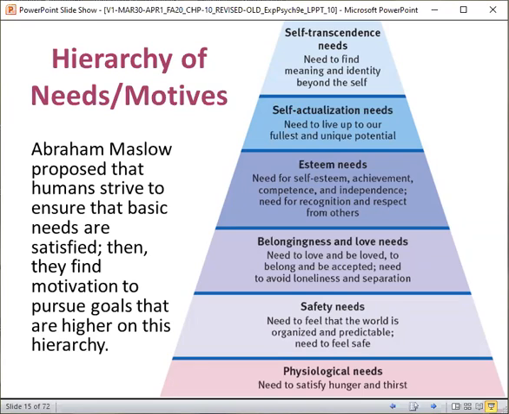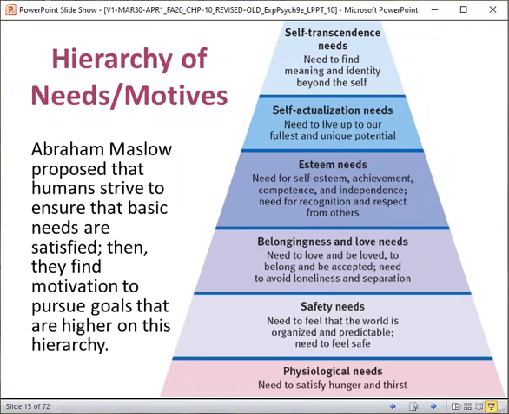So a lot of the stuff that we worry about, that we spend most of our days and time on, is going to be wanting to get love and be loved, to be accepted, avoid loneliness and separation. This is why social media is so powerful as it is today. And then we move on to the next one, the esteem needs. Basically, this hierarchy, as Maslow proposed it, is the notion that we don't move up until we satisfy the lower level needs.